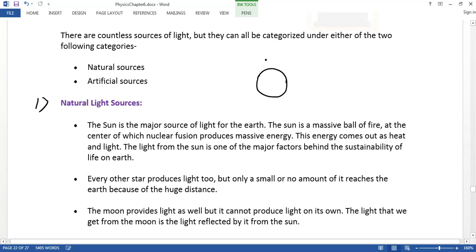So this is our sun, and many planets are in series, or revolve around the sun. Okay, so this is the sun, which provides a natural source of light for all the planets around us.